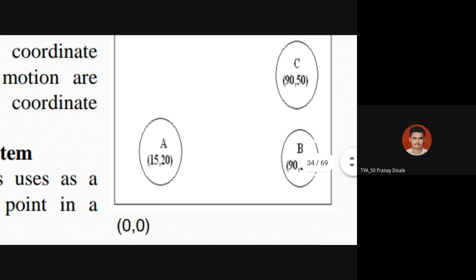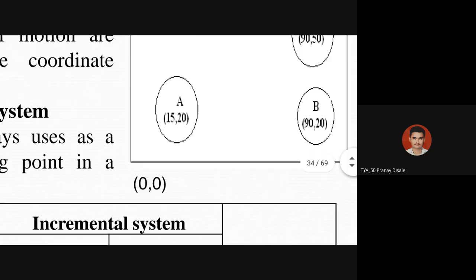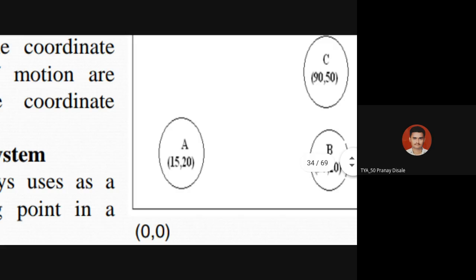The A point has location 15, 20, whatever the x and y coordinates are given. 15 is the x, the horizontal distance, and y is the vertical distance. Now suppose this is the origin, 0, 0 is the origin, and A is the first point, 15, 20.